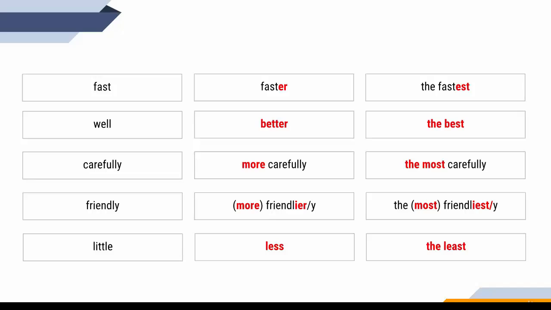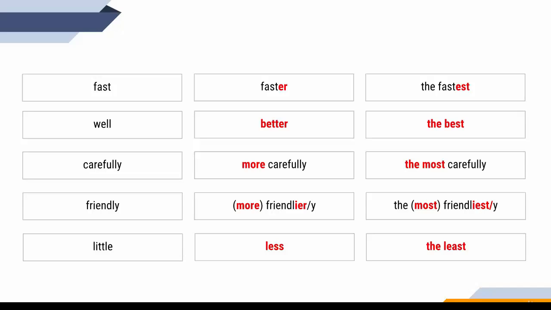You just need to be sure which the correct form of the adverb is. After that, you apply the rules that you are aware of. For example, fast has the same form as an adverb and as an adjective, which means that the comparative and the superlative forms and rules applied are the same.